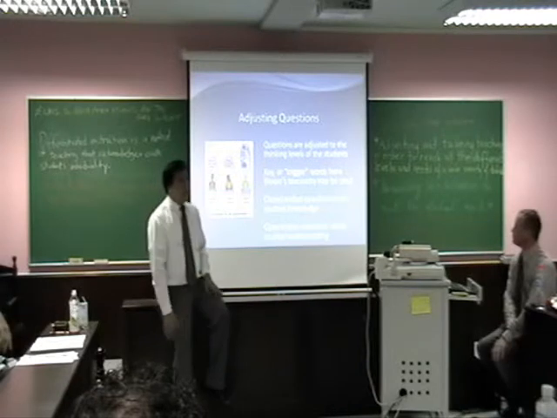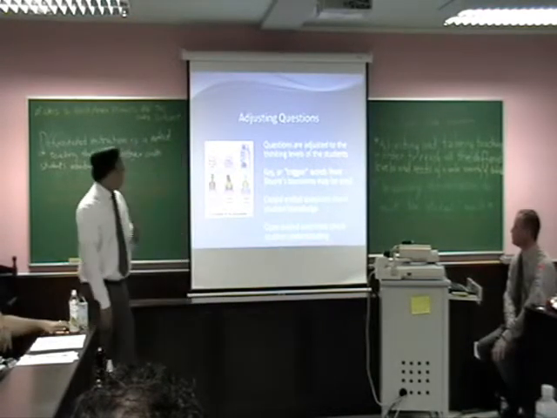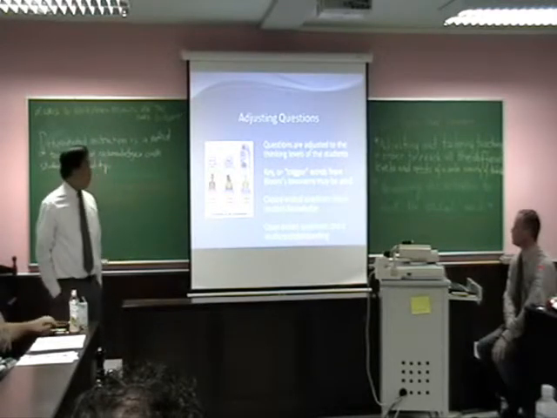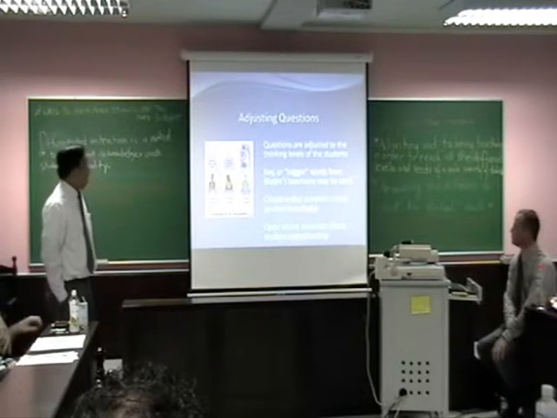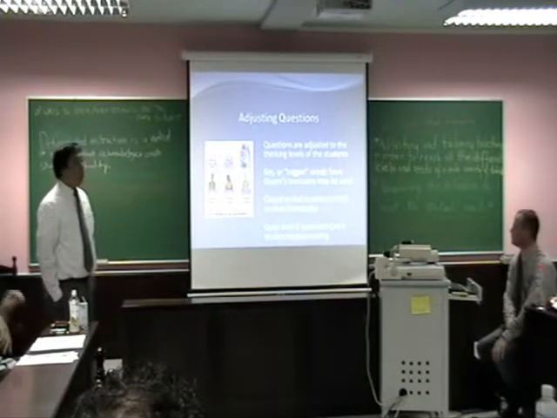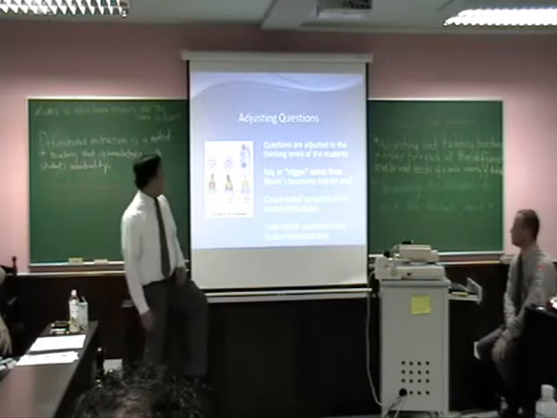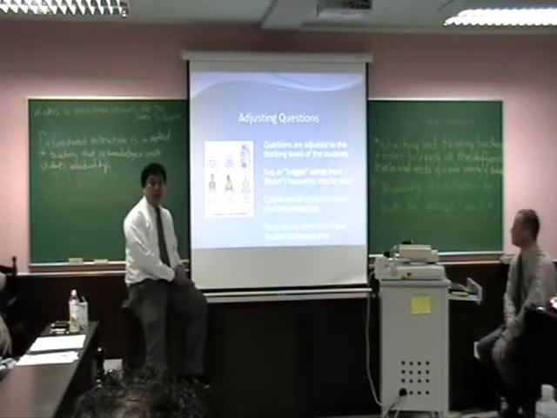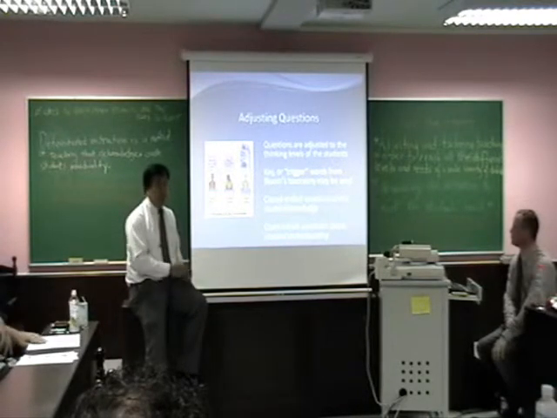Next one we can adjust is the questions we are going to use. The questions are adjusted to the thinking levels of the students. Of course, we can use the keywords from Bloom's taxonomy. It is said that closed-ended questions check student knowledge and open-ended questions check student understanding and can be the basis of discussion.